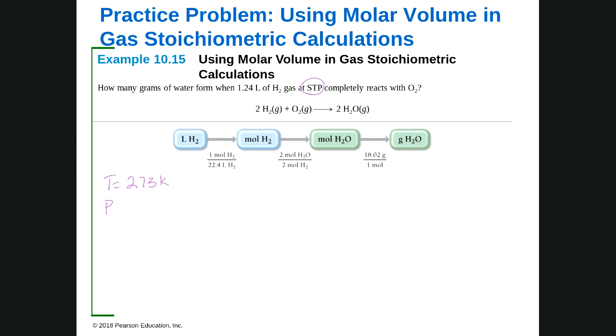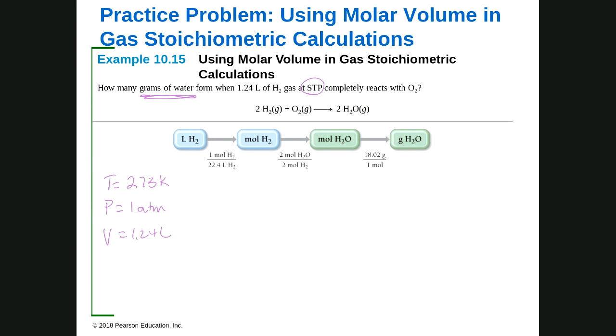And the pressure is going to be 1 atmosphere. And you have a volume of 1.24 liters, all right? And you're reacting with O2, and you're wanting to know grams of water as you are reacting with O2.